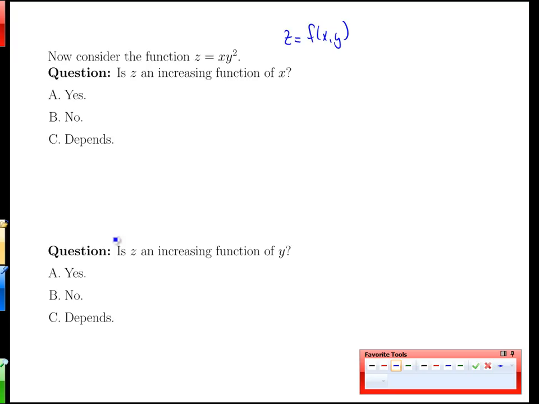Just remember the statement here: does increasing x imply an increase in z, the output, with other variables fixed?